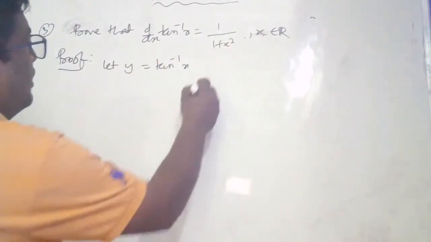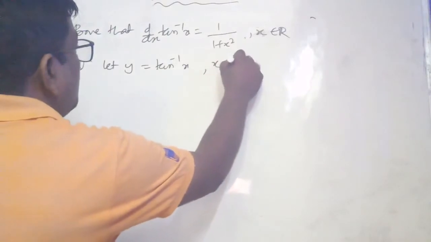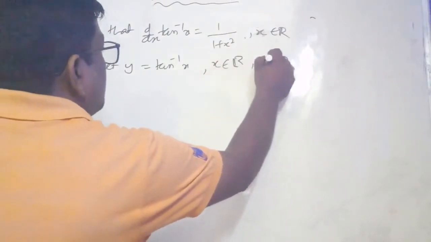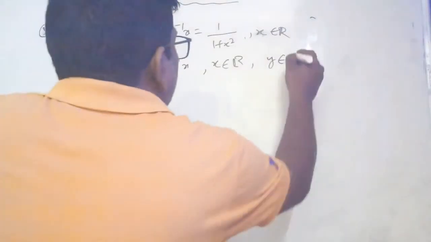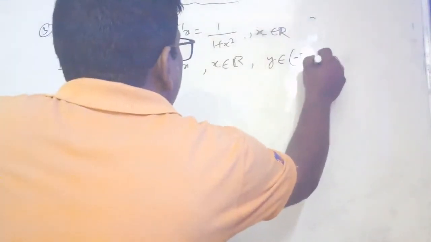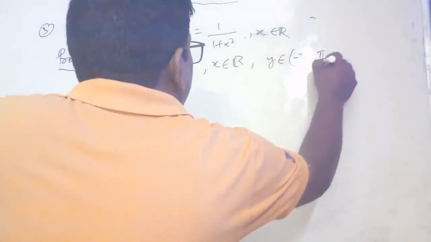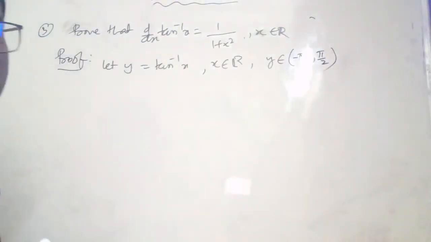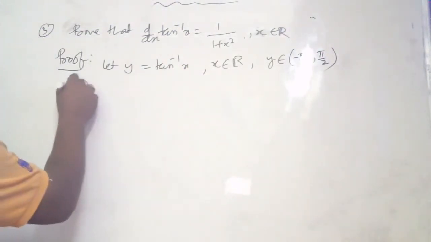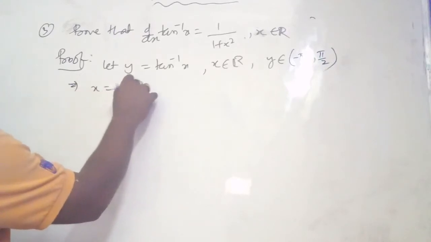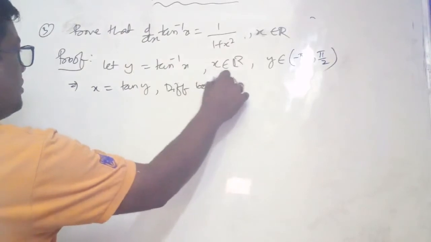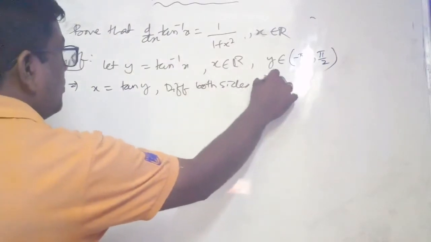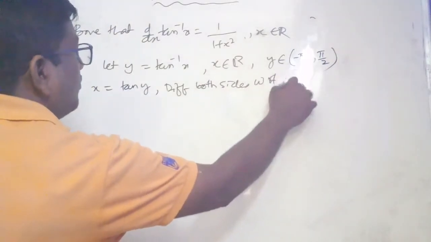Okay, x belongs to R and y belongs to minus pi by 2 comma pi by 2. That implies x is equal to tan y. Differentiate both sides with respect to y.